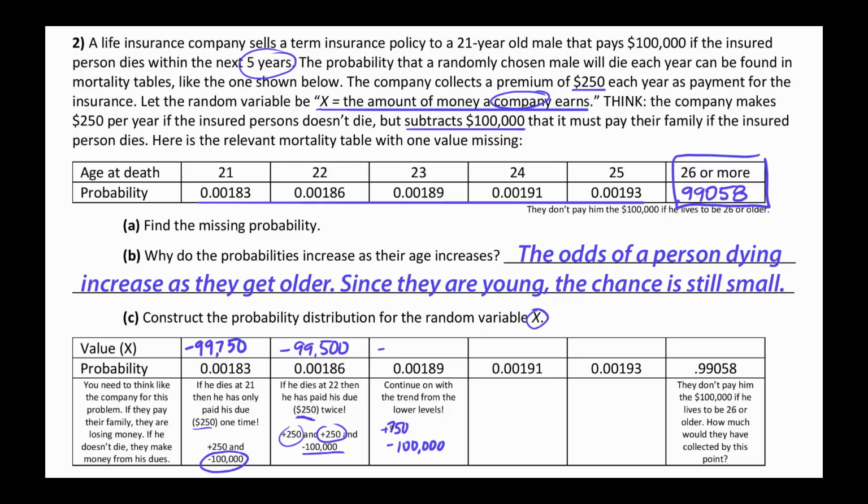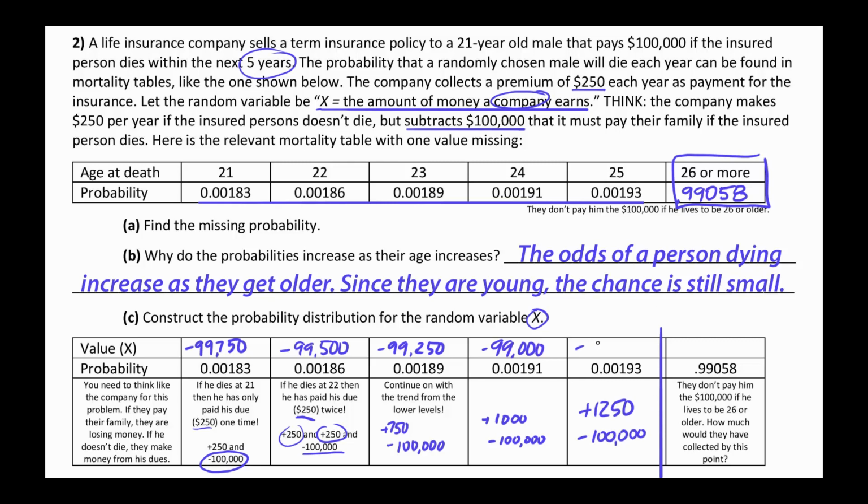So putting those together is negative $99,250. They're still losing money. At this point, they would have credited $1,000, but paid the family $100,000. So that is negative $99,000. The last year of this policy, because remember, it only goes for 5 years, it only goes out this far, they will have paid $1,250, but the company loses $100,000.